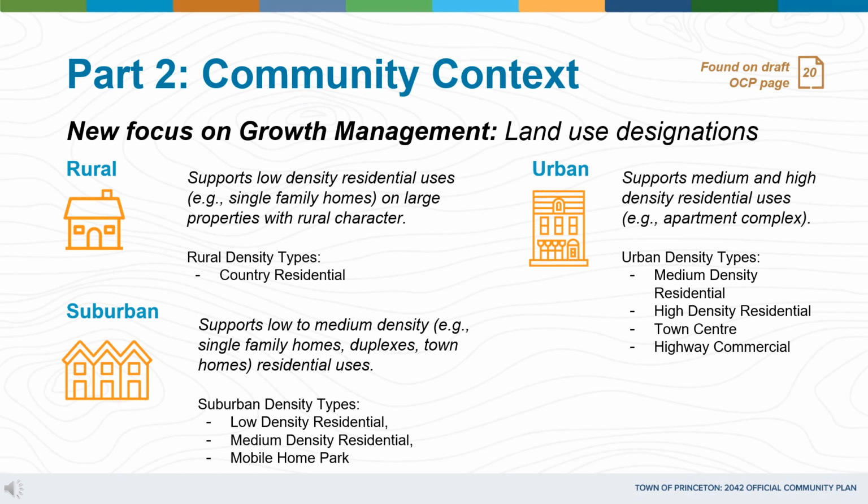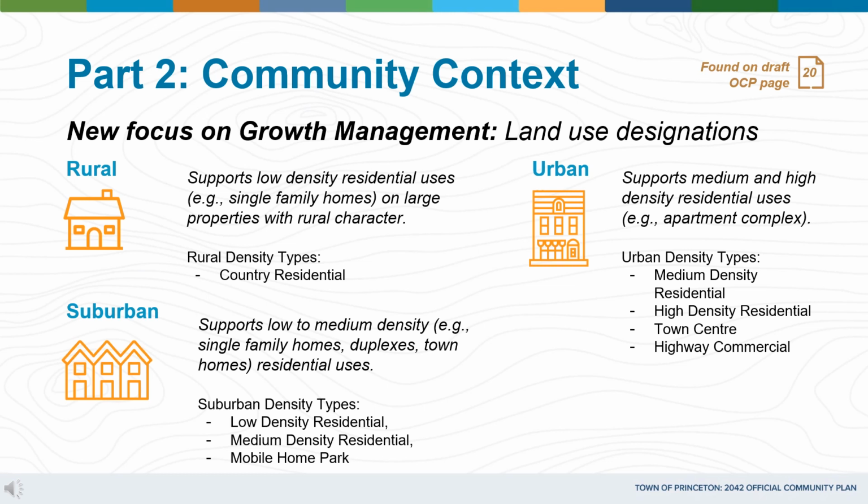Each land use designation includes a range of uses, densities, and forms to guide decision-making for development in a particular neighborhood or property. We have created 3 categories for land uses: rural, suburban, and urban.